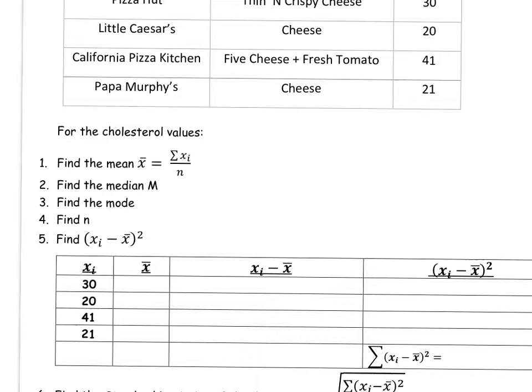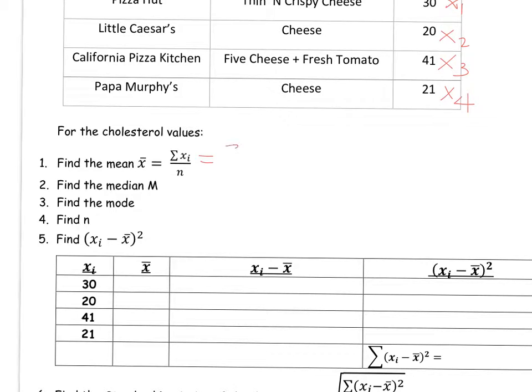To find the mean, our symbology is x bar is the mean, the sum of x sub i divided by n. So I'm going to add up all the raw data values. Those are my x's. x sub 1 is 30, x sub 2 is 20, x sub 3 is 41, and x sub 4 is 21.